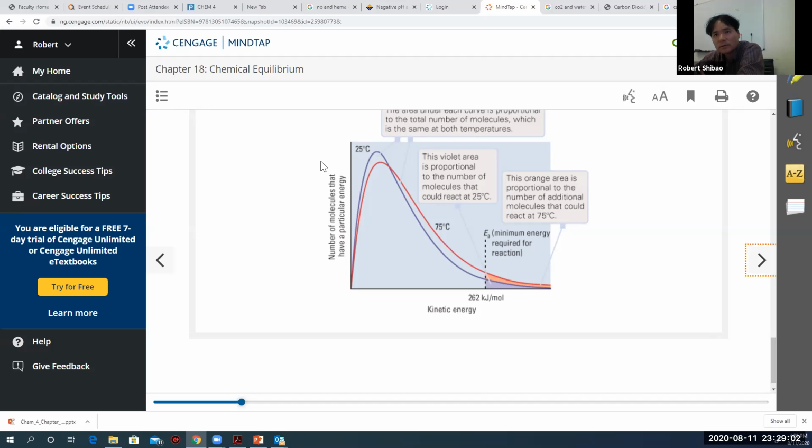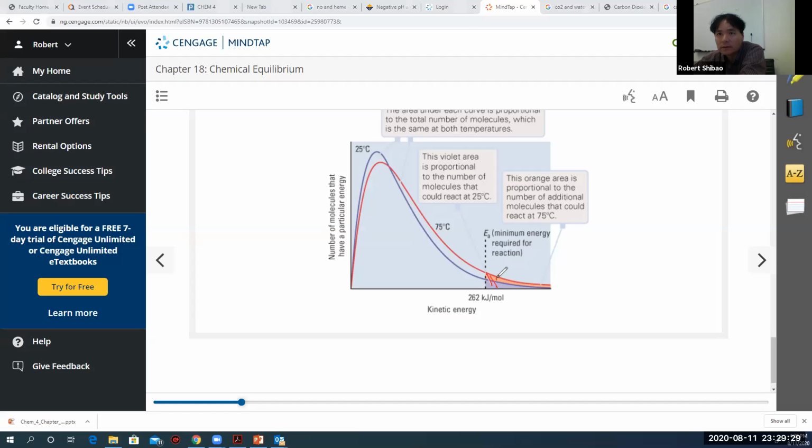At lower temperatures, the fraction is smaller. At higher temperatures, the fraction is larger, because the red is going to encompass more of the area under the curve, all the way to the bottom here. And so the red is going to have a greater proportion of molecules with enough energy. You can draw that out here.